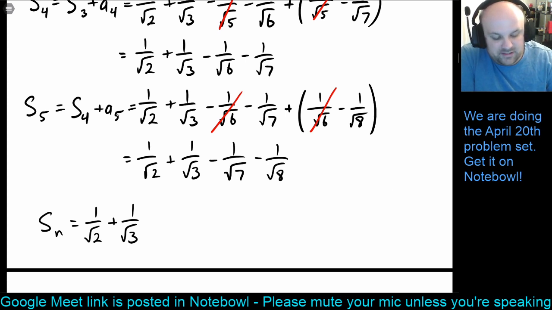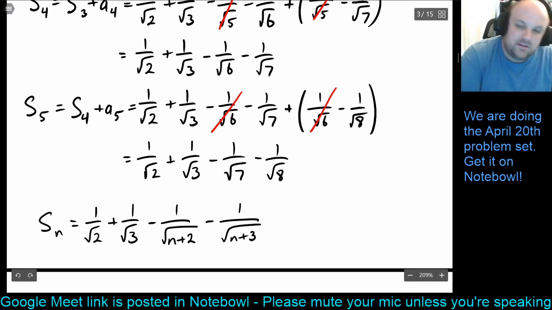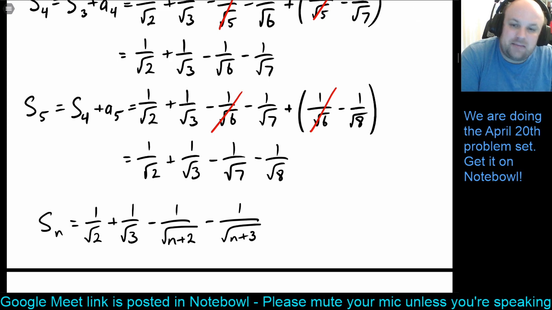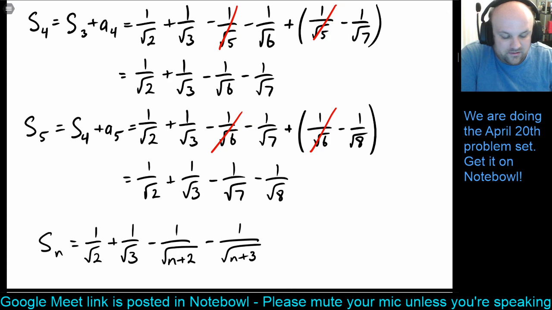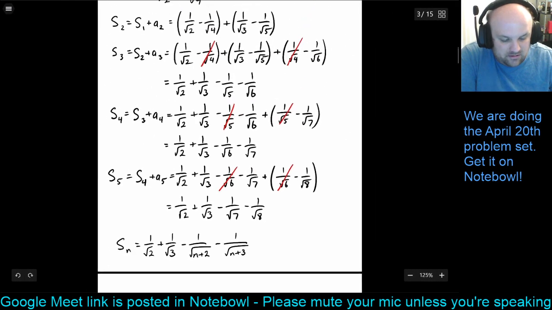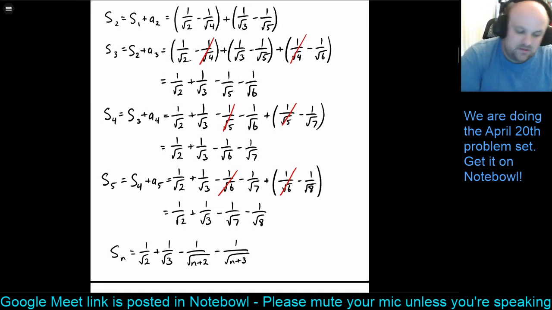This one is always 3 bigger than that number. So this is minus 1 over square root of n plus 2 minus 1 over square root of n plus 3. If you look at it, that's what's happening each time. You compare, it works everywhere from 2 onward.